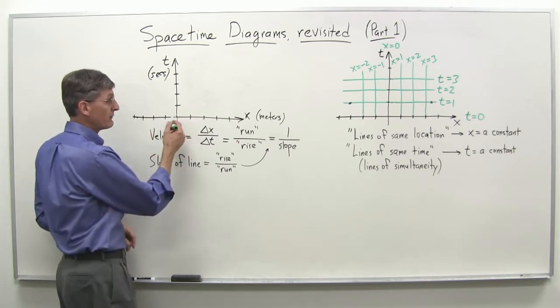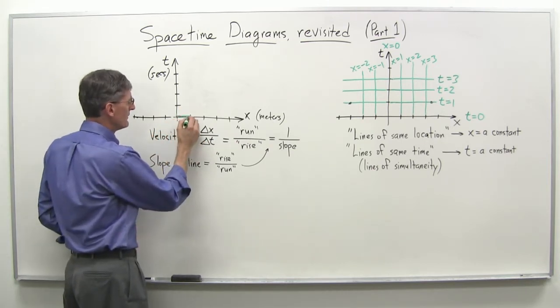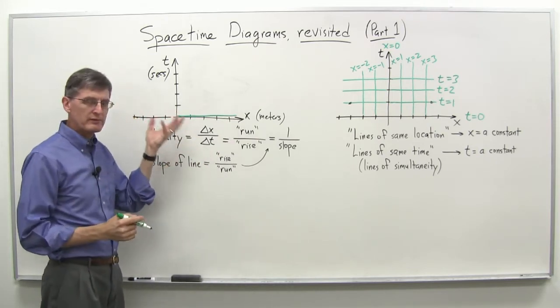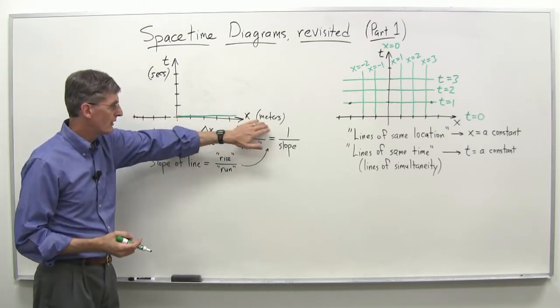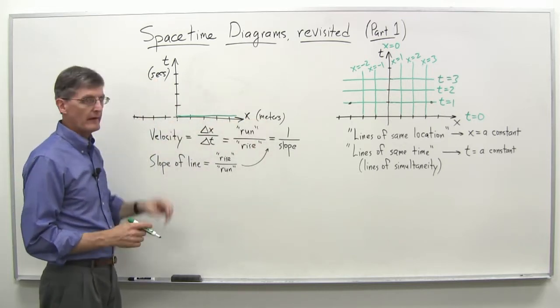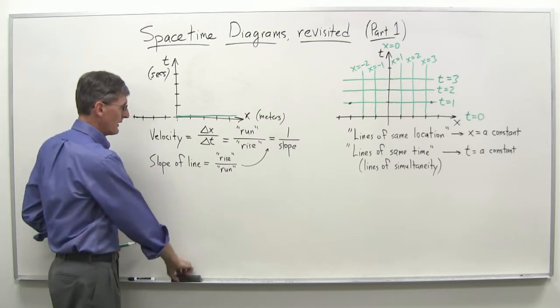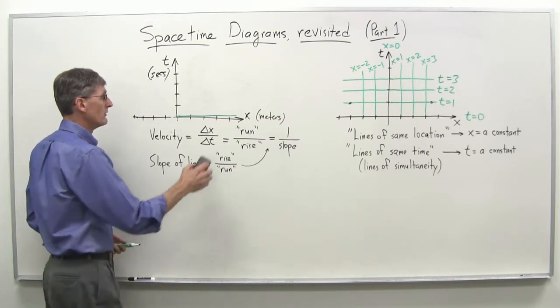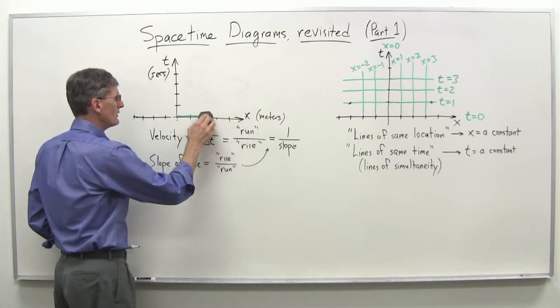If we actually had to plot it on here, you wouldn't be able to plot it very well using these units for time and space. So what we typically do is we adjust the units.